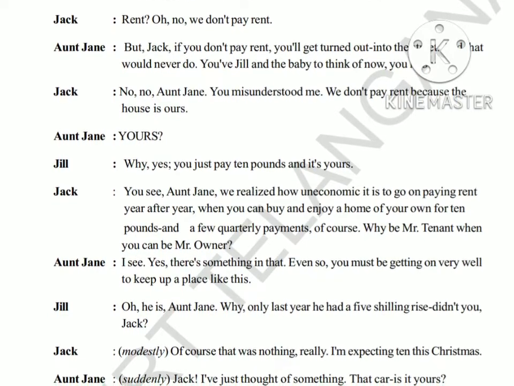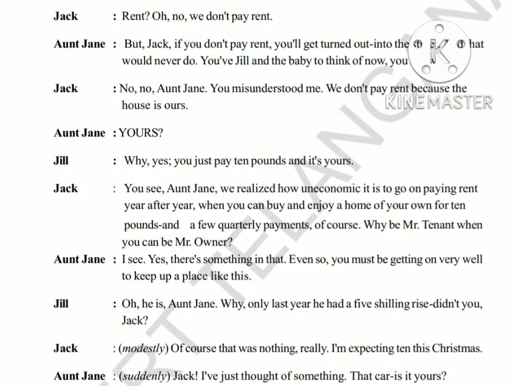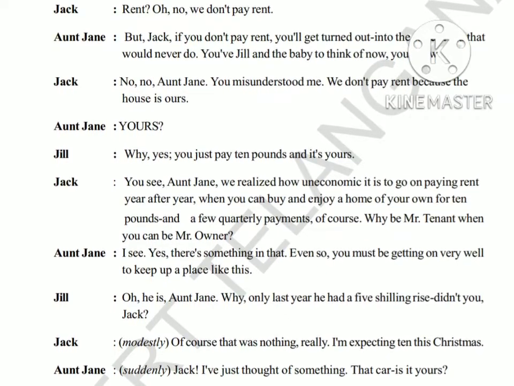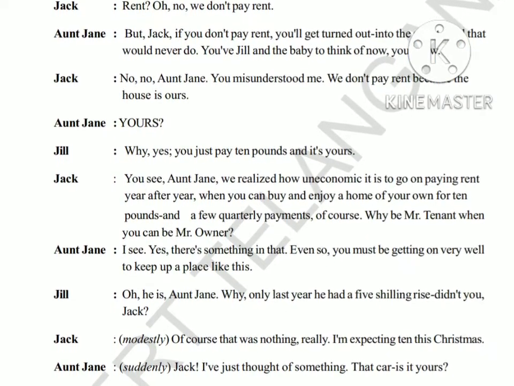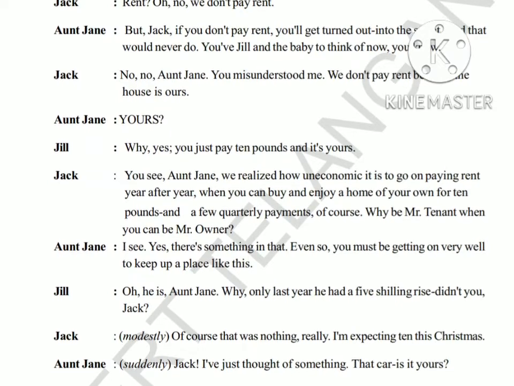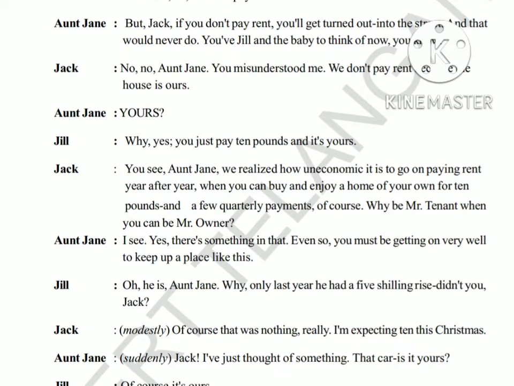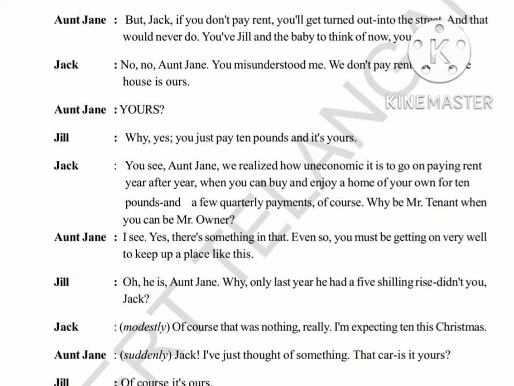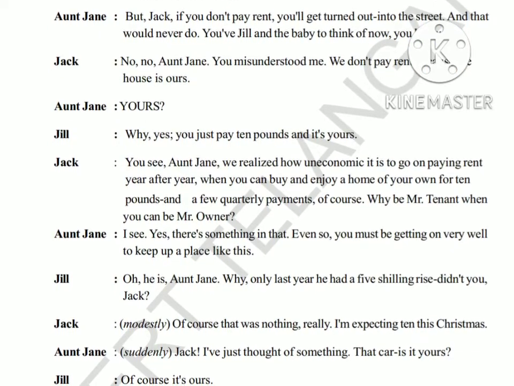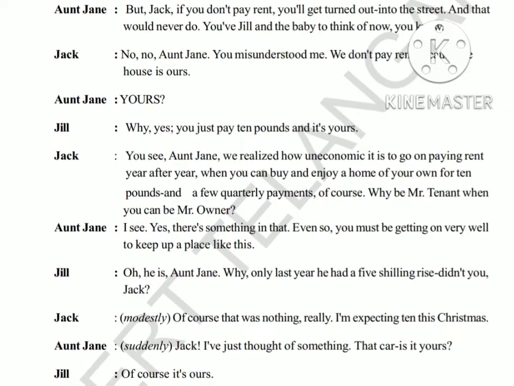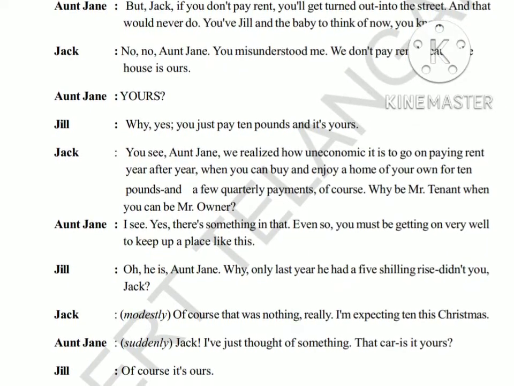Jack: "You see, Aunt Jane, we realized how uneconomic it is to go on paying rent year after year when you can buy and enjoy a home of your own for £10 and a few quarterly payments. Of course, why be Mr. Tenant when you can be Mr. Owner?"